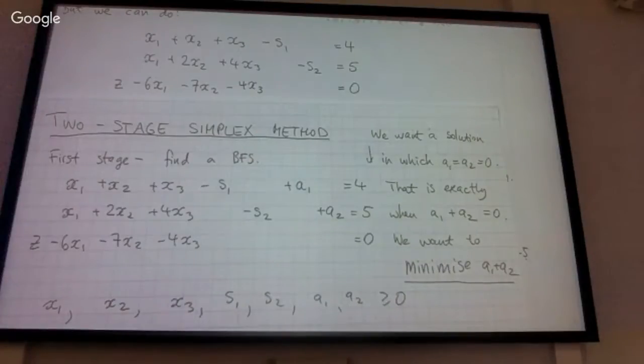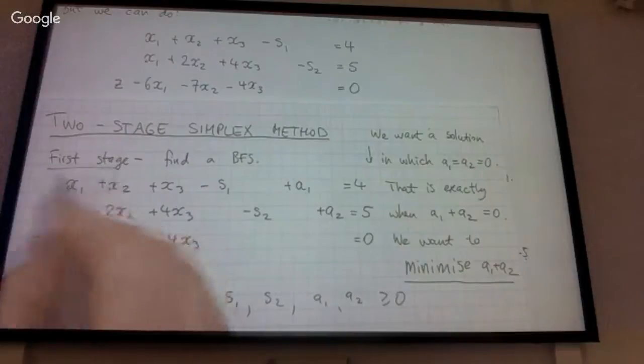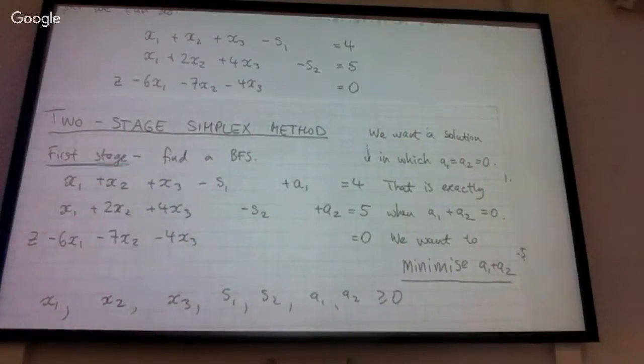Okay, so that's the key, and that's what's called the first stage, in which we want to find a basic feasible solution for the original problem. It adds two artificial variables. It minimizes the sum of all the artificial variables, and if that sum is minimized to 0, we found a feasible solution, and if not, then we can't find it possibly.